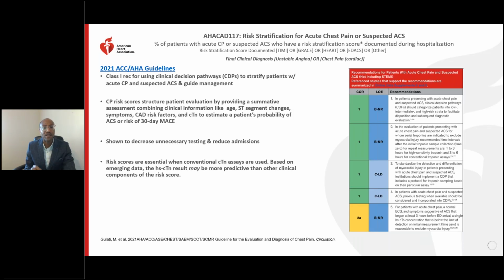These have been developed and are strongly recommended as a chest pain measure, specifically to help provide an organized summative assessment of patients, incorporating age, ST segment changes, symptoms, coming back to the history that we previously discussed, coronary artery disease risk factors, and cardiac troponins, in order to estimate one's probability of acute coronary syndrome or risk of 30-day MACE.